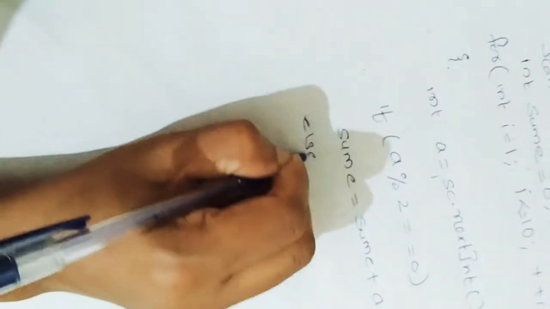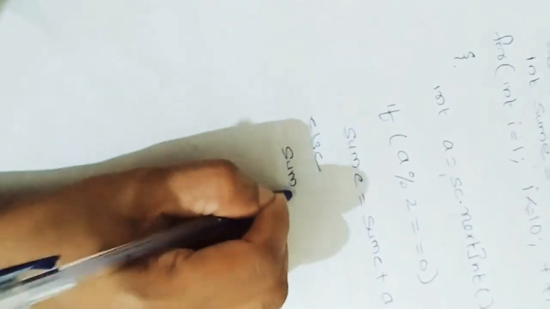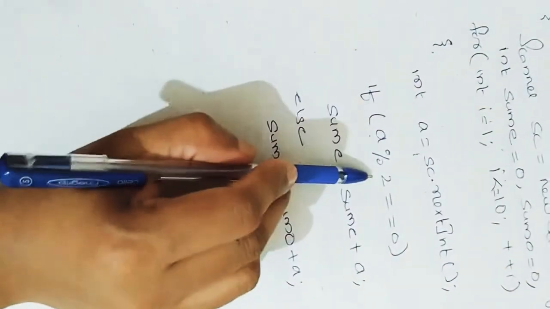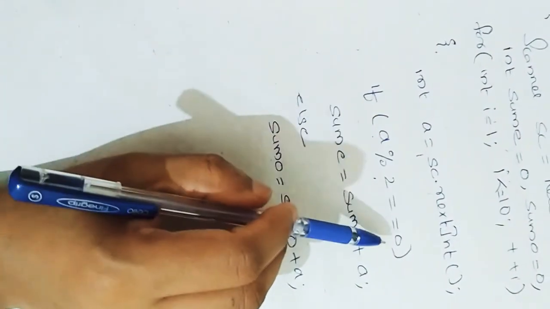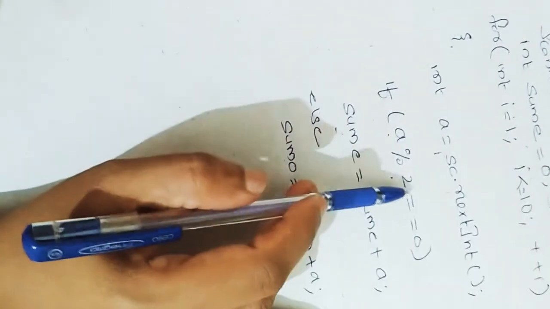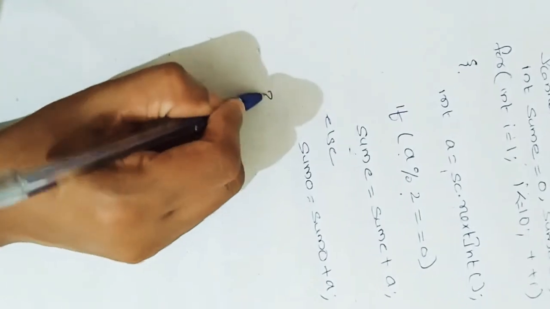Else, if it is an odd number, we find the odd sum, that is sumOdd plus a. We are dividing with modulus 2. If the remainder is 0, the number is even, so we find the even number sum. If the remainder is not 0, then it is an odd number, so we find the odd number sum. Then we close the loop.